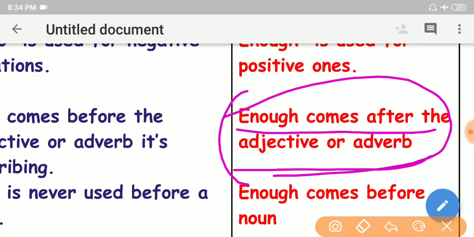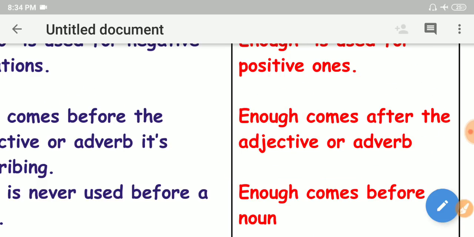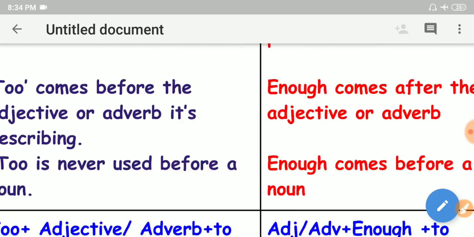Or you can use it like this: it is big enough to eat. So like this we can use. That means enough is used after the adjectives or adverbs. Again, too is used before the adjectives or adverbs, my dear friends. This one we must keep in our mind.